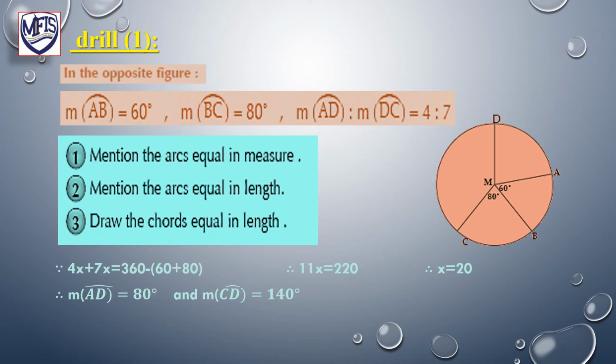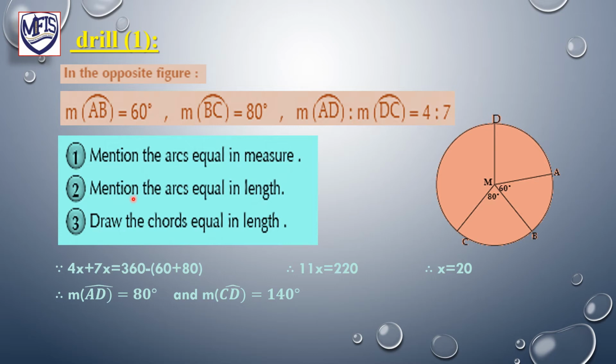So where are the two arcs equal in measure? The measure of arc AD equals 80 and the measure of arc CE equals 80 also. So the two arcs are equal in measure, AD and CE.